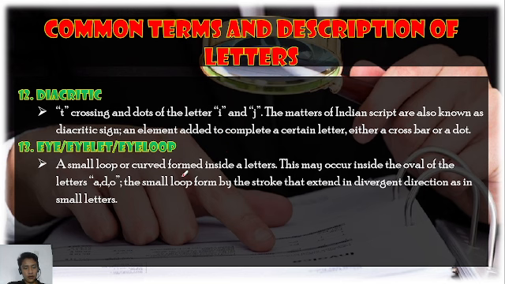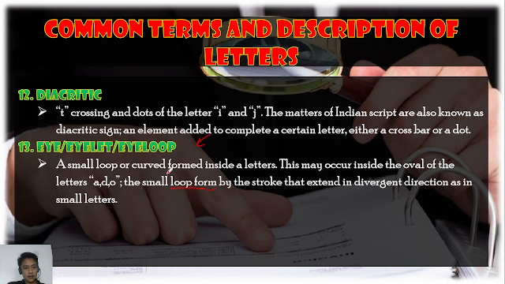Or we can have the letter D, which also has its eyelet or eye loop, or small letter O. Those are the examples we can have for showing the eyelet or eye loop. So this is just the small loop formed by the stroke that extends in divergent direction, as in small letters. And another one is on letter E.